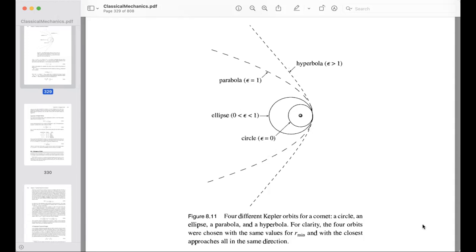So I'm in a way indoctrinating you to look at the energy curve or the potential curve. From that, you can say a lot about what kind of motion you may expect. Now, in this particular case, we actually need to solve things analytically and numerically in order to extract these 4 different Kepler orbits.